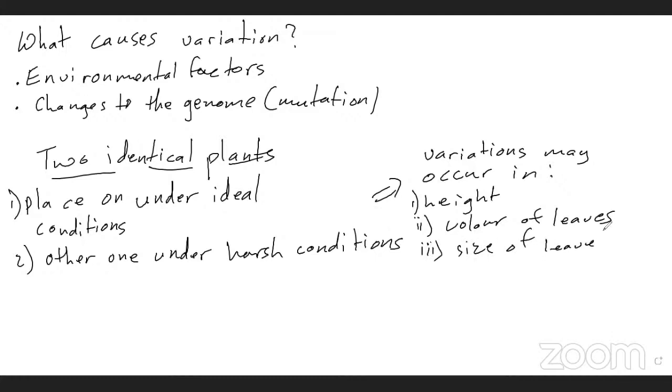The size of the fruit can also be affected, right? Size of leaf, size of fruit. Sir, and one can bear fruit and maybe one doesn't bear any. Probably that too, right? So the question now, the change in the height and the color and the size, right? It would probably be due to the amount of nutrients, water, and so forth.